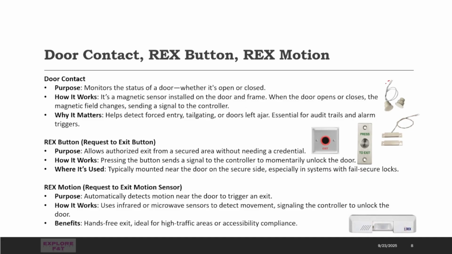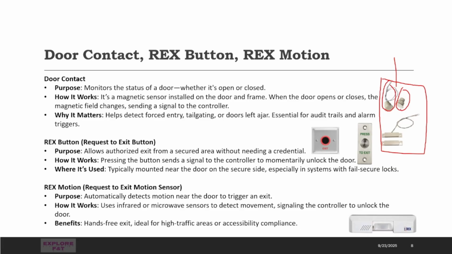These two are called door contact. This one is recessed, meaning it will be fixed inside the frame and inside the door, so the wired part will be installed inside the frame and this part will be installed inside the door.